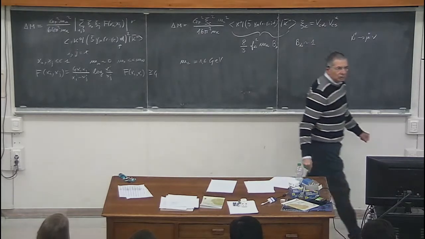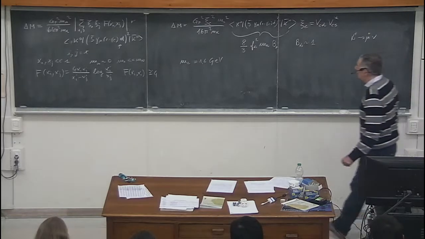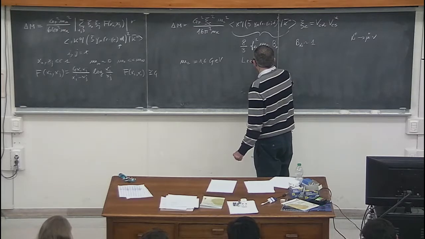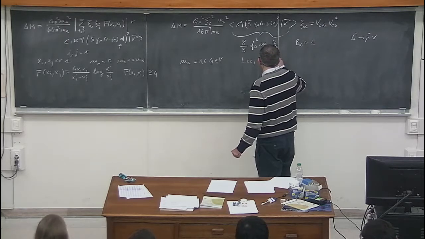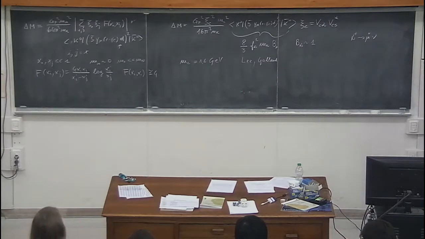And the authors of these, Lee and Gaillard. Now we are able to do this calculation in a much more refined way, in a much more accurate way, but this rough estimate is already quite good.